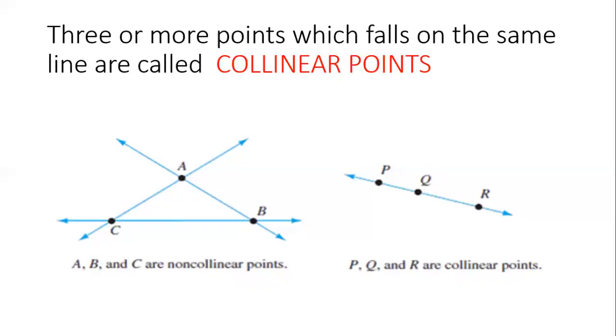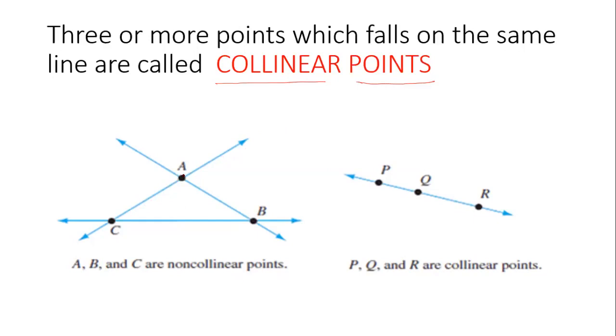The first concept is of collinear points. Three or more points which fall on the same line. एक लाइन जो फॉर्म कर सकते जो 3 points, if we make them meet, they will form a line, are called collinear points.